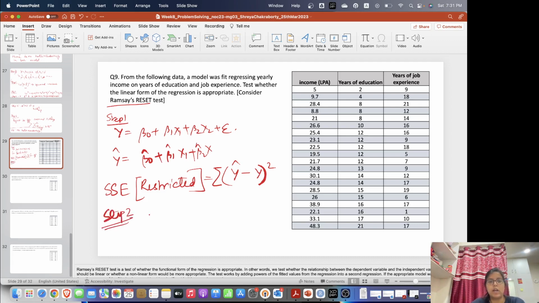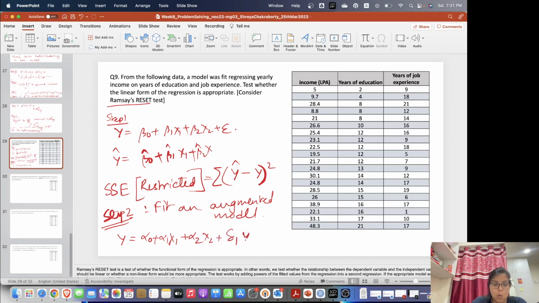Step 3, we are going to fit an augmented model. What will we have in the augmented model? We would fit y equal to alpha naught plus alpha 1 x1 plus alpha 2 x2 plus some delta 1 y hat square plus delta 2 y hat cube.